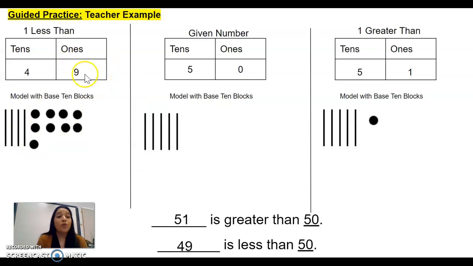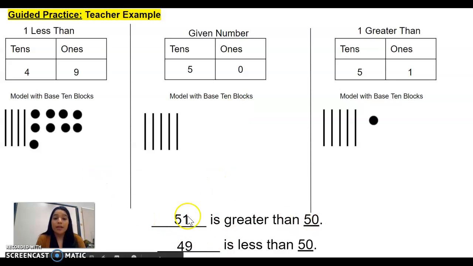And then with our 1 less than, we had to take away a 1. Do y'all remember? We had to take away a 1s. So now we were left with 1, 2, 3, 4 tens. So right here we have 4 tens. And let's count how many ones. 1, 2, 3, 4, 5, 6, 7, 8, 9. We had 9 ones in this base 10 model. 9 ones.